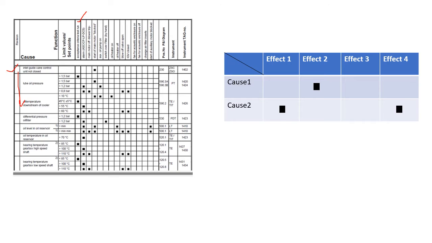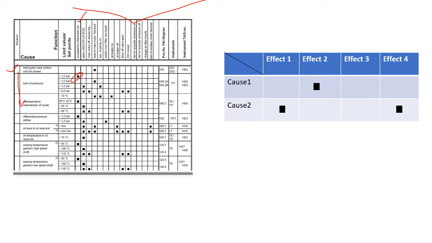All of these columns starting from here suggest effects of the cause. So if there is a particular cause, and if the effect is present there, it is given by this dot. And if there is no effect, then that portion will remain blank.